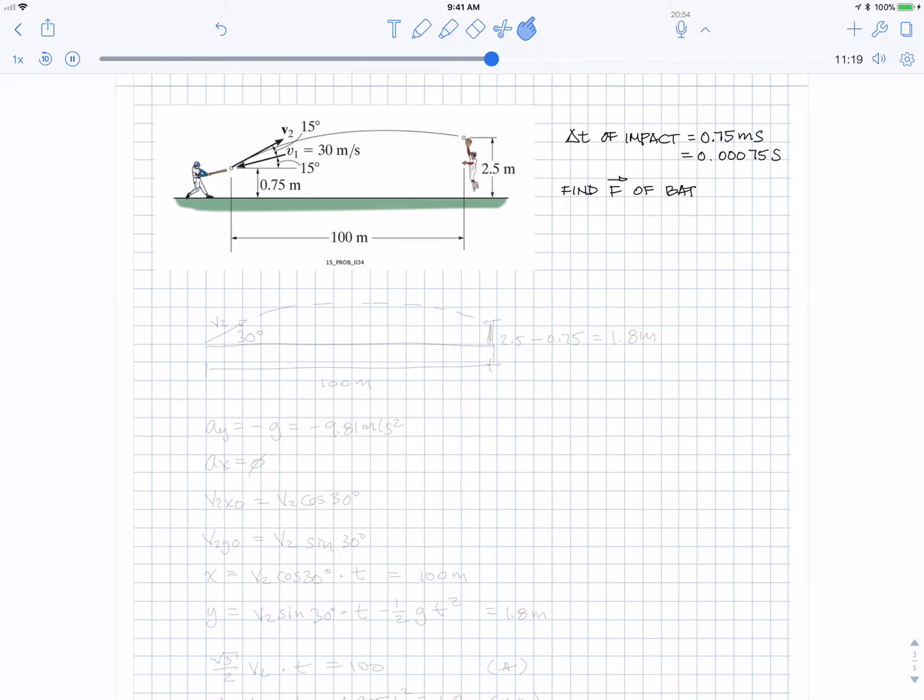And so what you have is V2 at 30 degrees. Okay, so it's 15 degrees to V1 and another 15 degrees to V2. And then it'll travel 100 meters.